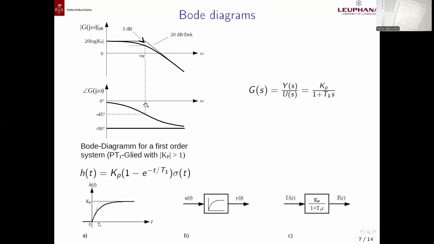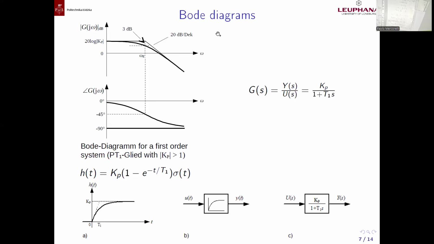Do you remember omega e? We calculate it. Omega e was, let me see, 1 divided by T1.